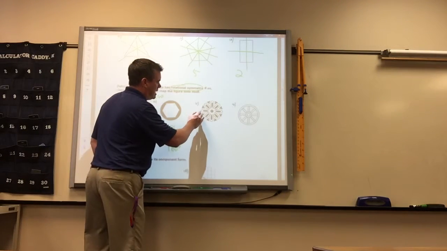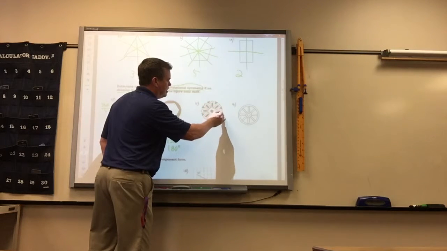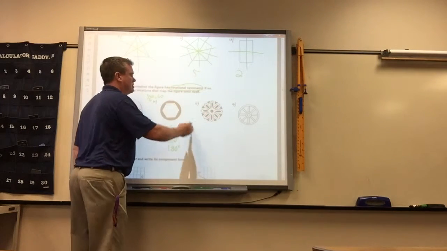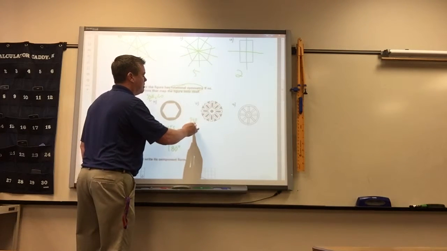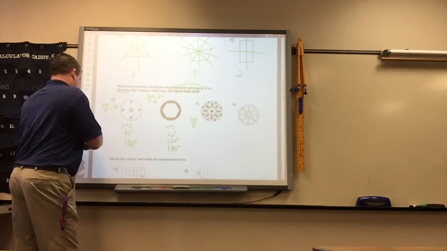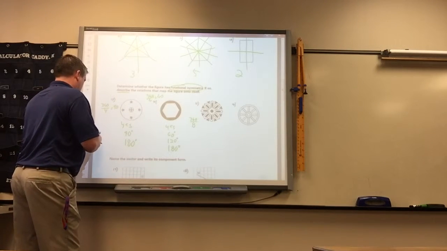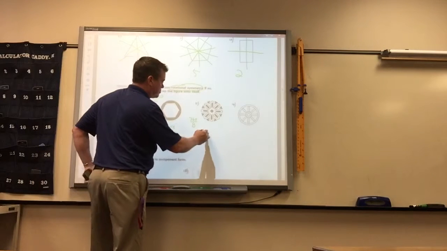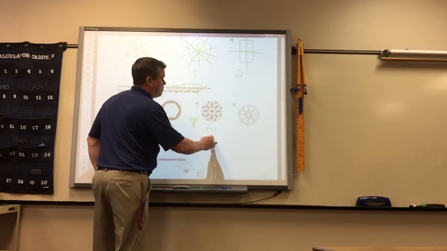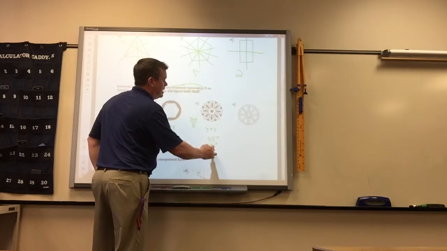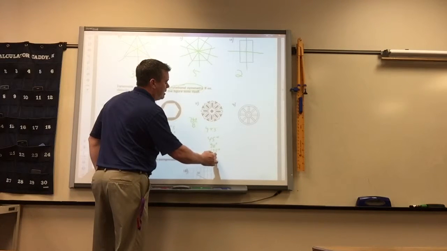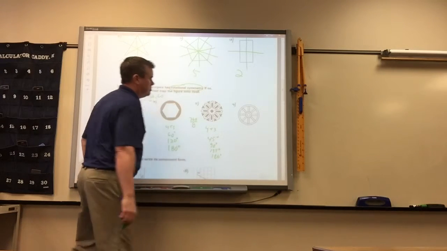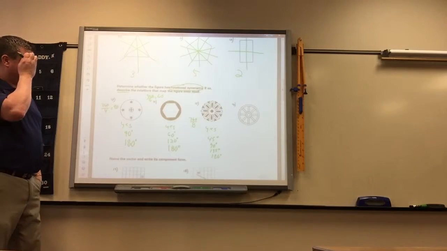So this one has 1, 2, 3, 4, 5, 6, 7, 8. So take 360 divided by 8, 45. So I would have a 45, a 90, a 135, and a 180 degree rotational symmetry.